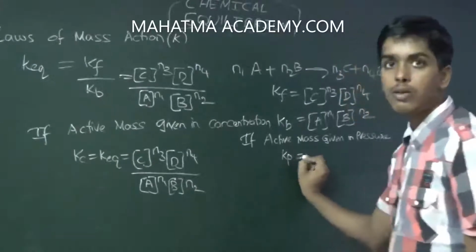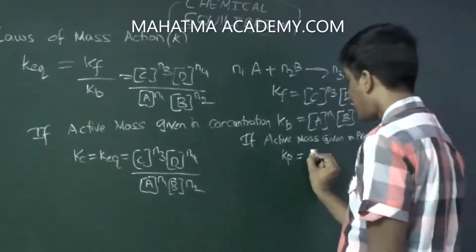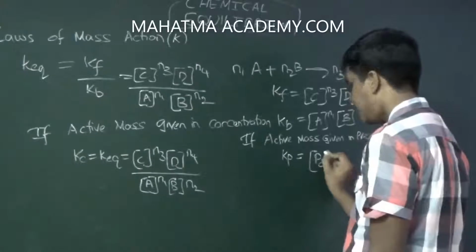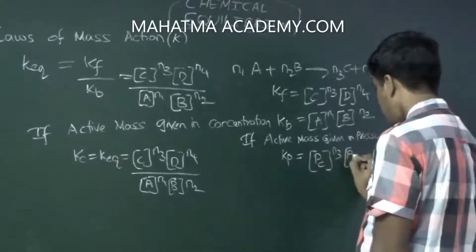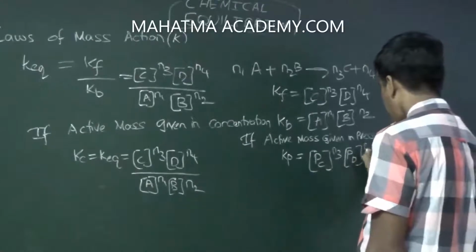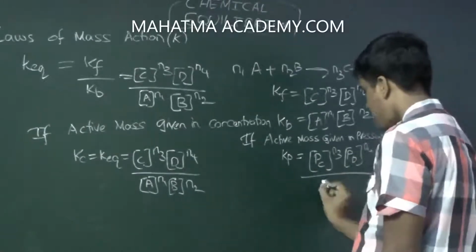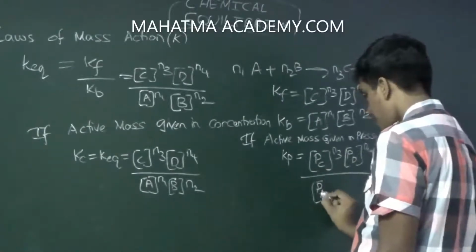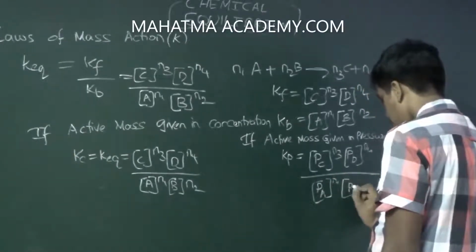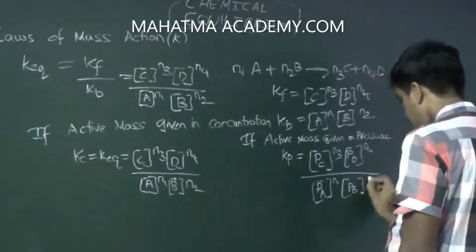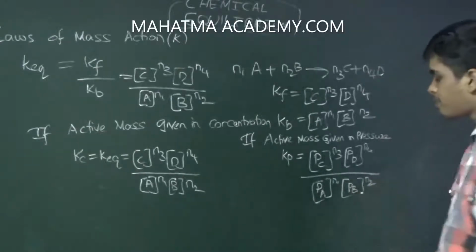Kp is equal to Pc to the power of n3 and Pd to the power of n4 divided by Pa to the power of n1 and Pb to the power of n2.